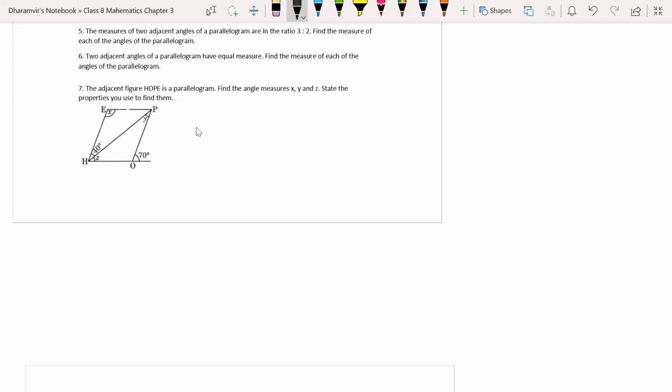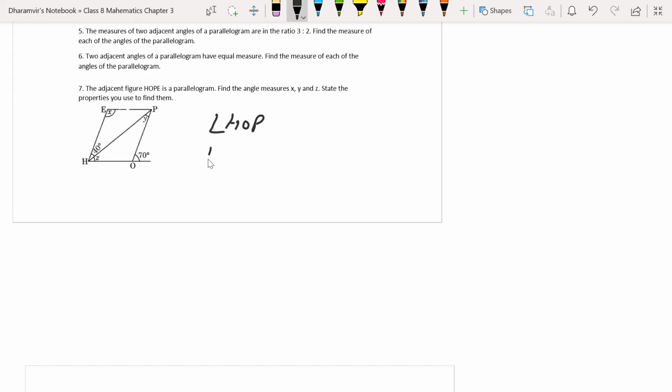Here, there is an angle HOP. This is the angle HOP, and it forms a linear pair.